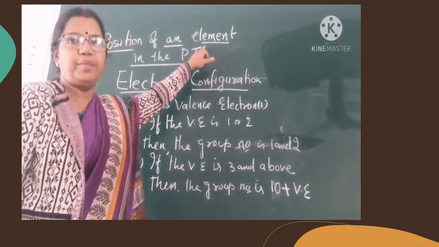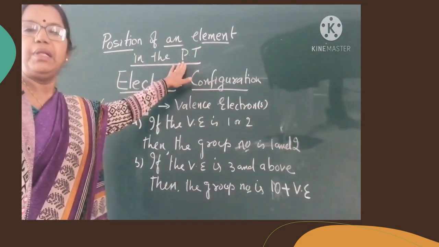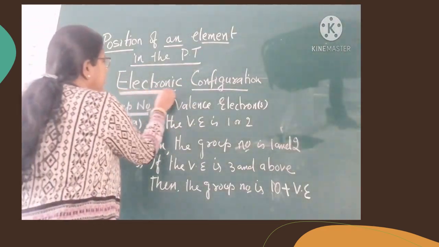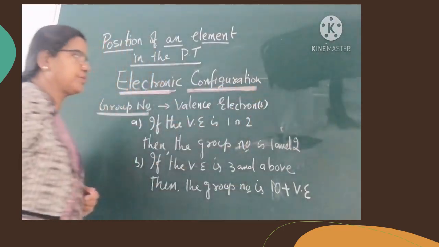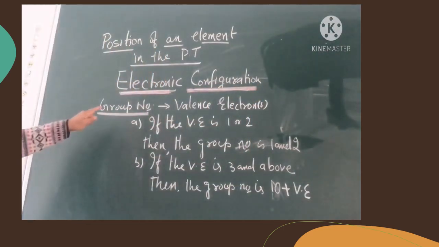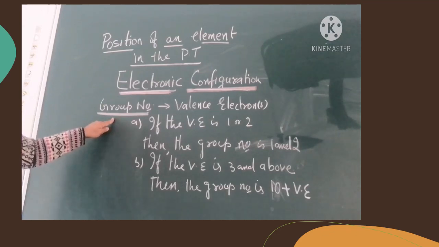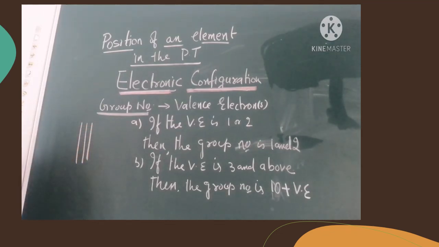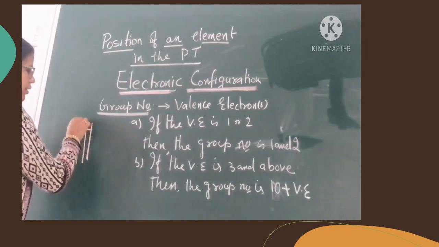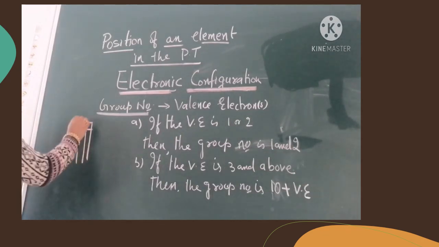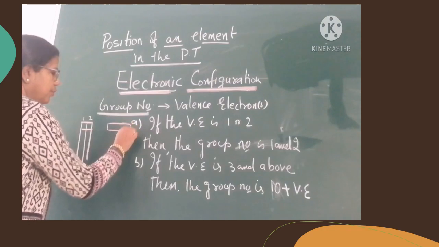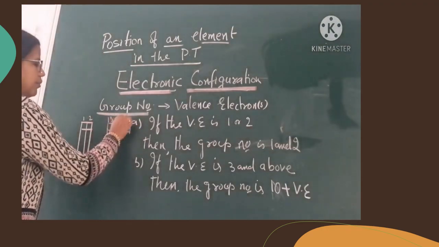The position of an element in the periodic table can be determined through the electronic configuration. As already learned, the 18 vertical columns represent 18 groups. For standard 10, you have to learn the position of an element in group numbers 1, 2 and from 13 to 18.